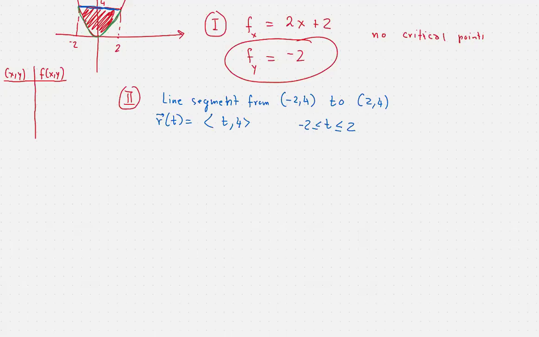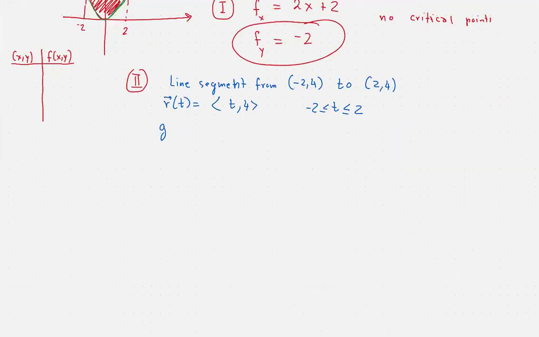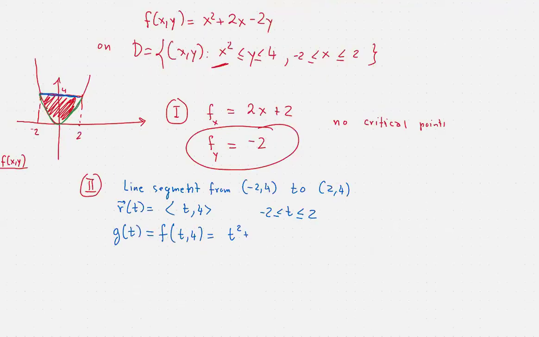But this is good enough. If we plug it into our function, so we consider a function of one variable, that's the idea, to restrict the function on the boundary to one variable. So f of t comma 4, which is going to be, what is our function? t squared plus 2t minus 4. Okay, so let's find its derivative.